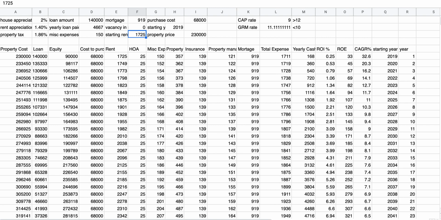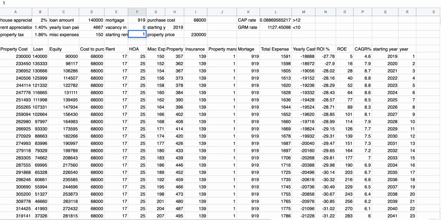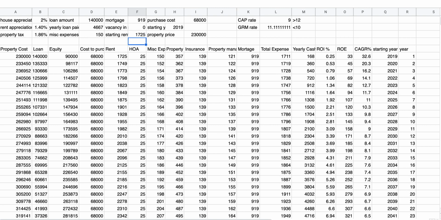The renter is going to be paying $50 a month more. So this is not a best case scenario that you can expect to be positive. But in this case, if this is possible, then at least you're positive. But again, this is still too high, but that's what you'll get if it's in a bull market.